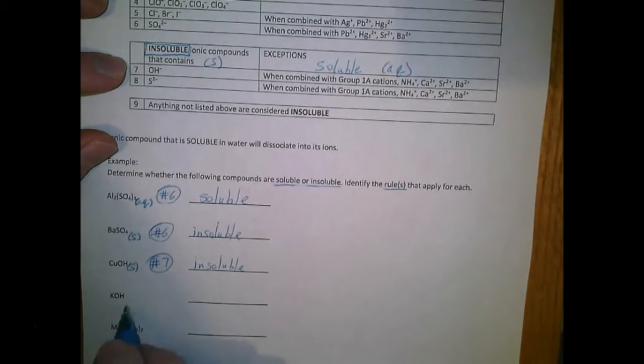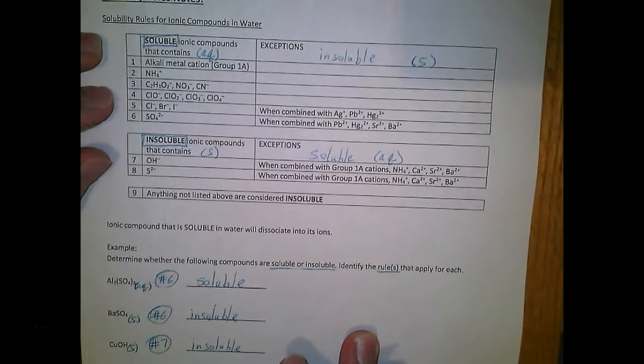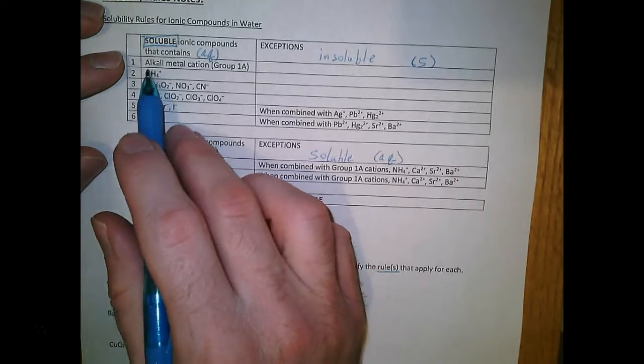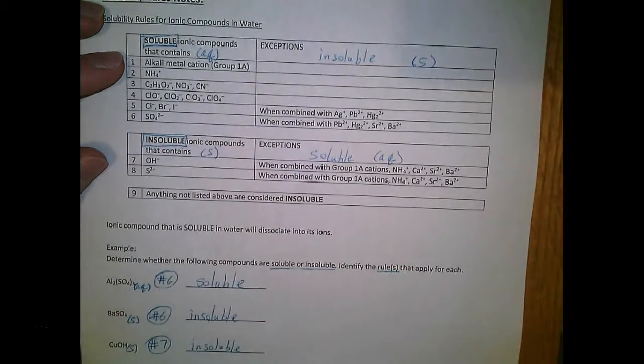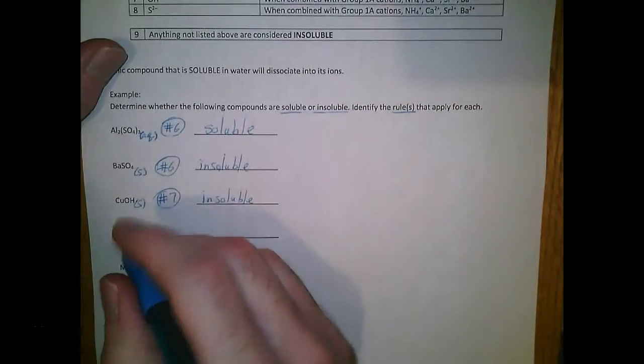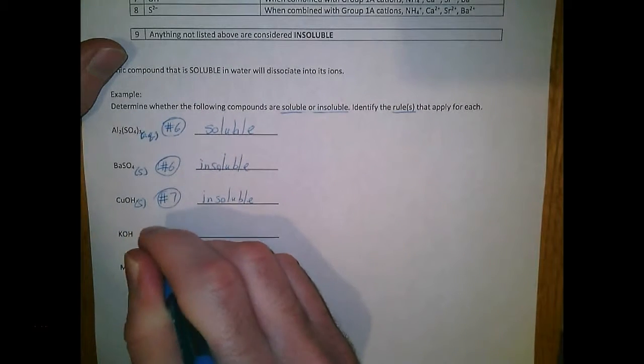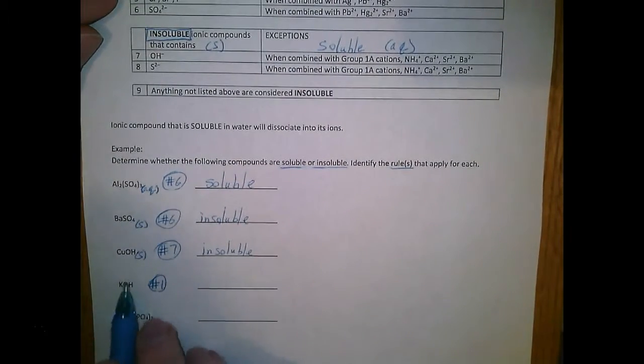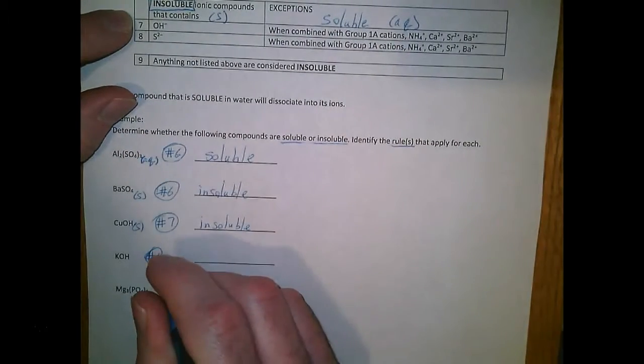Now I have KOH. Go all the way back up. K is in group 1A. It's element number 19. It's in the first column. So it's an alkali metal. Rule number 1 applies. Now there are no exceptions to rule number 1, but just to double confirm, let's go ahead and check, because OH is a different rule. It's rule number 7.